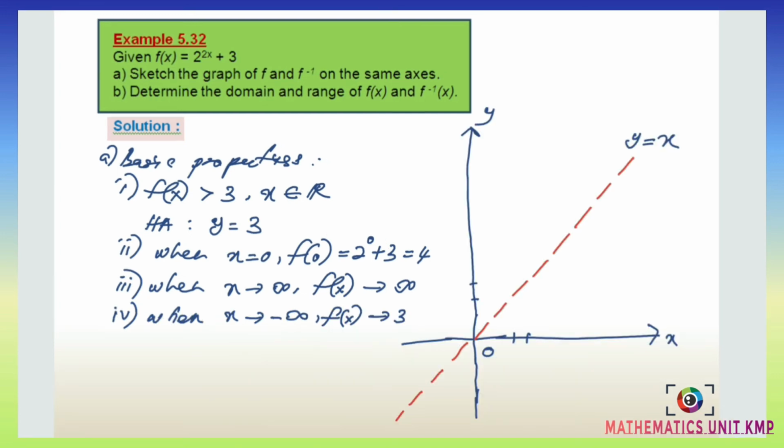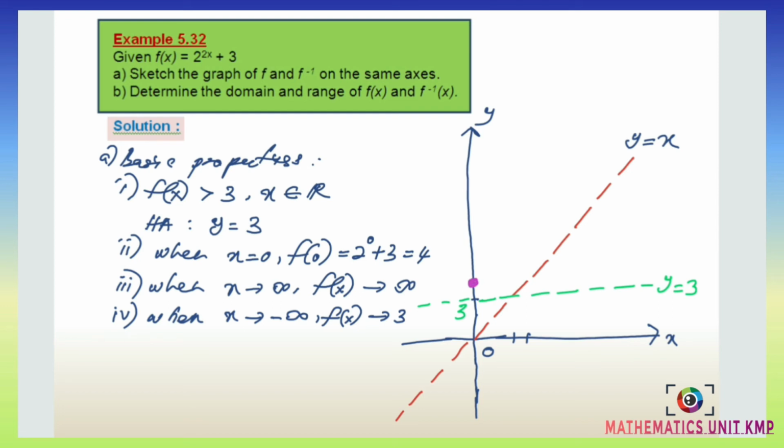Next, we try to sketch the exponential graph. First, number 1, the graph has horizontal asymptote y equals 3, and the graph intercepts the y-axis at 4.